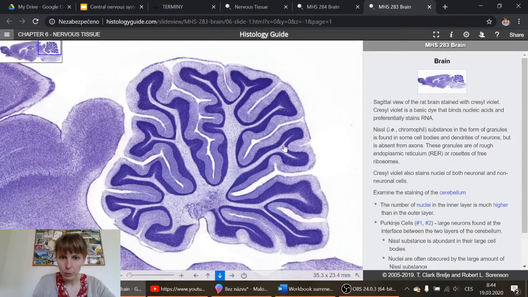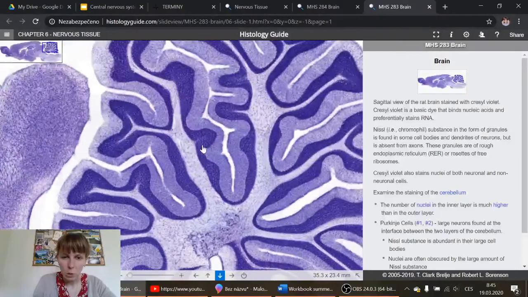In hematoxylin eosin it was pink, but in Nissl stain it's really quite light, because it doesn't have that many big cell bodies. So white matter, and around it you have a dark layer, so the granular one, and the molecular layer around. And this is the gray matter. So white matter inside, and all of the rest is the gray matter coming around.